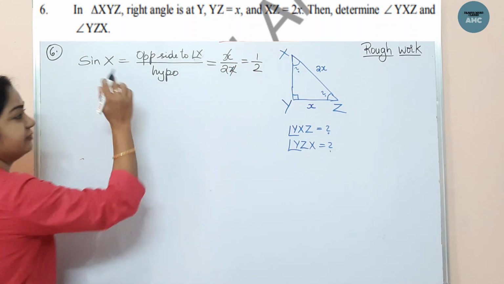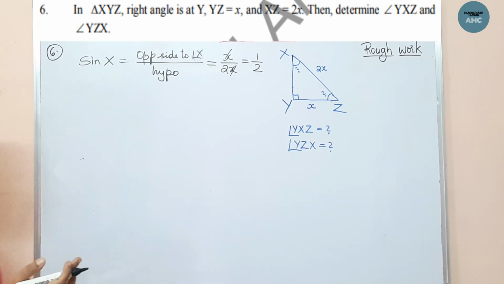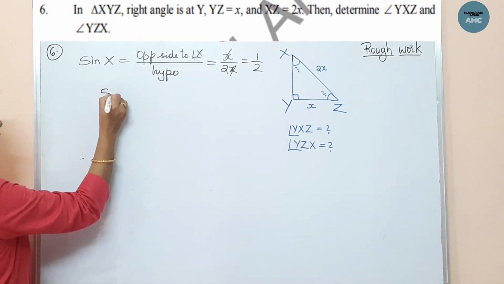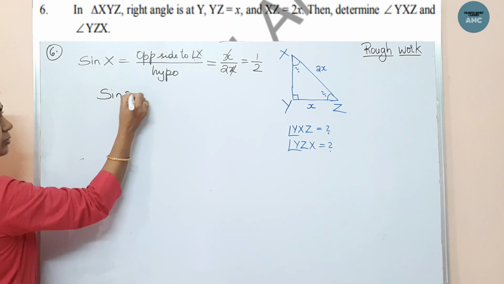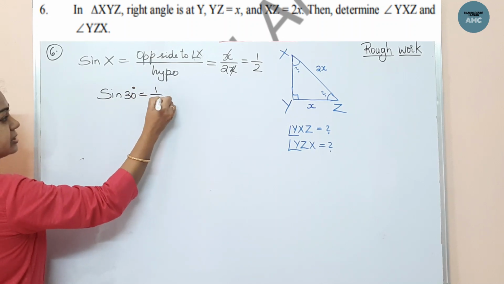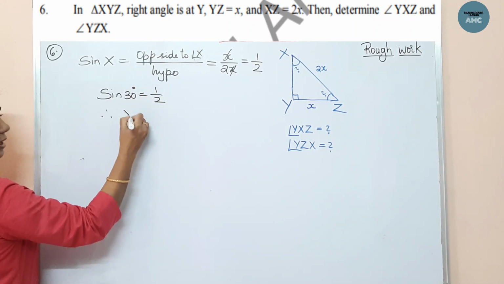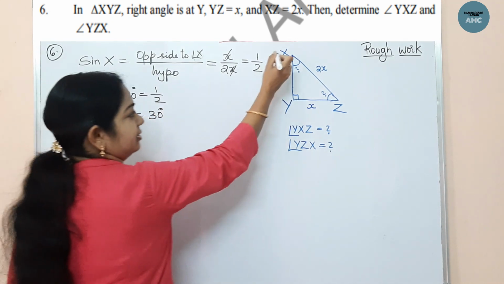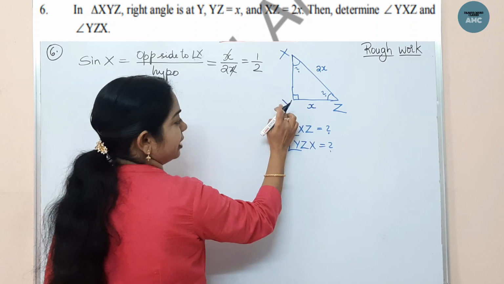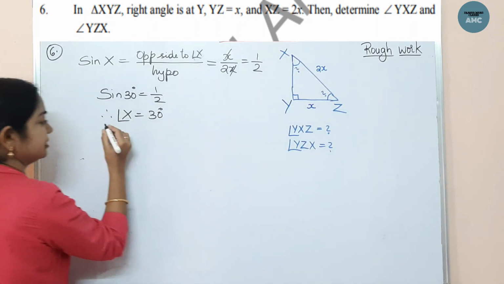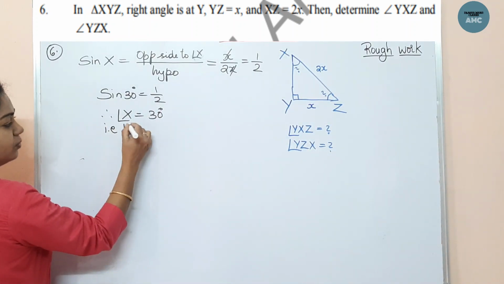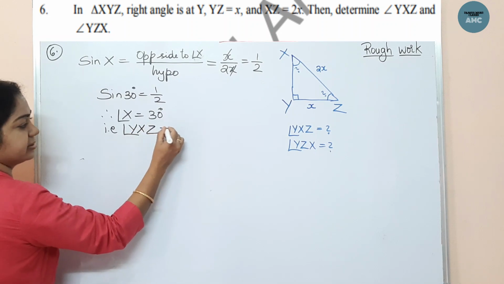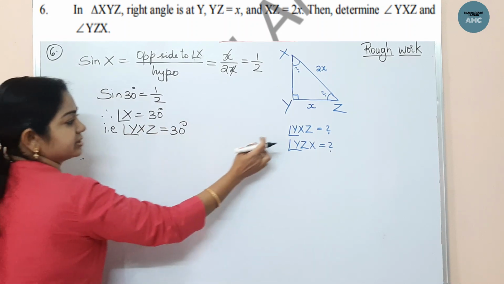Now what sine value is 1 by 2? We know that sine 30 degrees is 1 by 2. Therefore angle x is equal to 30 degrees, that is, angle YXZ is equal to 30 degrees. We found out this angle.